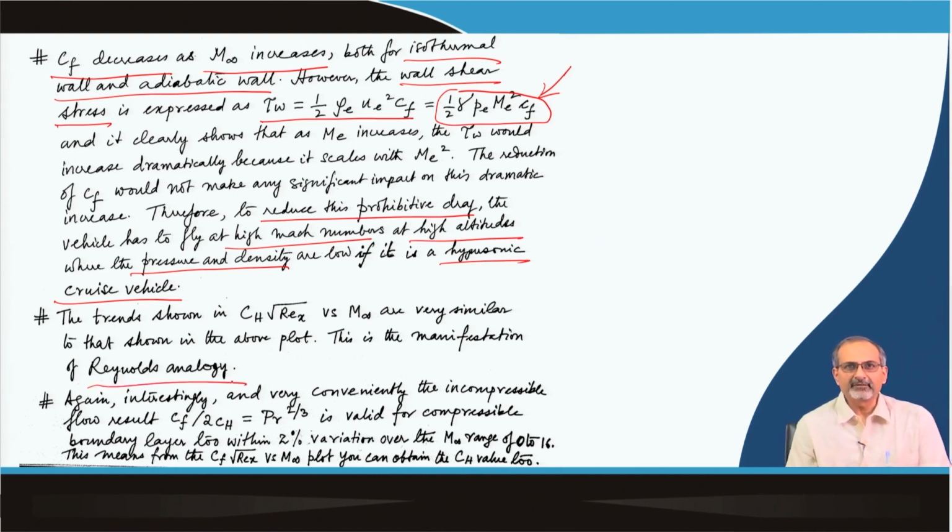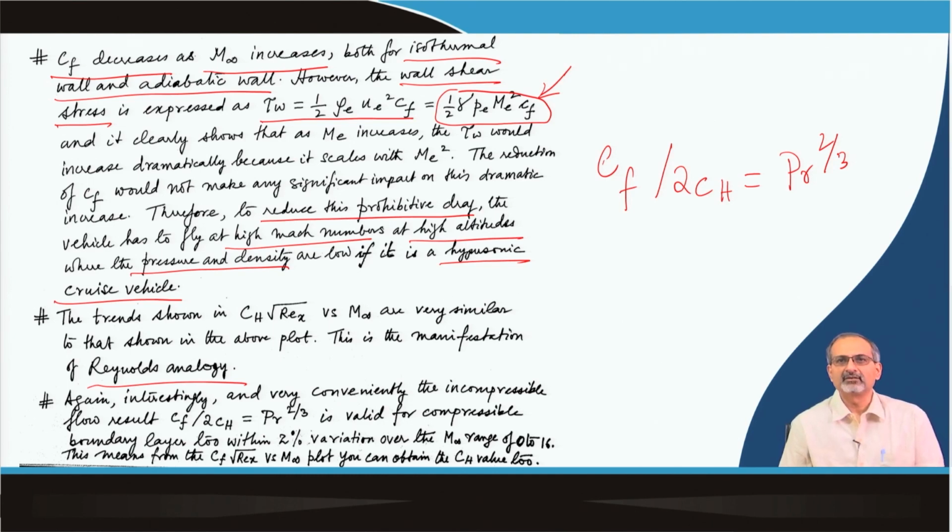Again, interestingly and very conveniently, the incompressible flow result that Cf by 2 Ch is equal to Prandtl number raised to the power of 2/3 is valid for compressible boundary layers too, and there is only about a 2% variation over a large range of Mach number from 0 to 16, which basically means that the Cf under root Rex versus Mach number plot can be used to obtain the Ch value too, and with reasonably good precision.